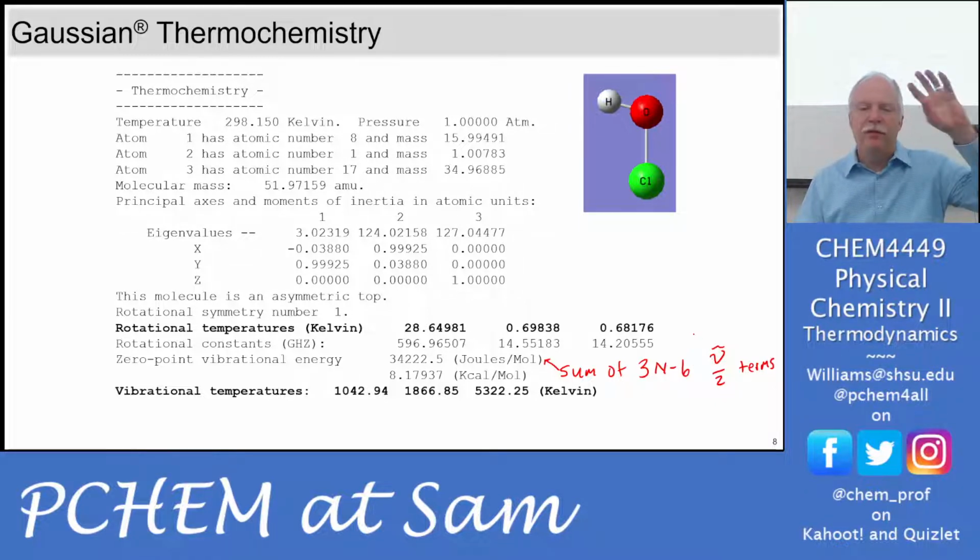So we have 3n minus 6 vibrational frequencies. Every one of those divided by 2 gives you all of the 0-point energies for each one. You add them up, that's the 0-point vibrational energy for this molecule.